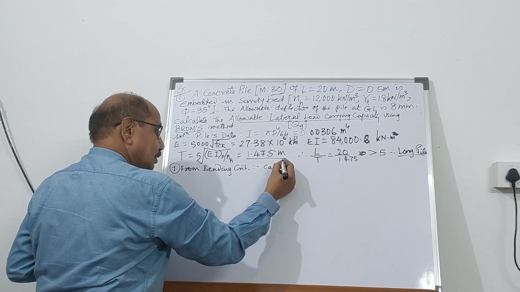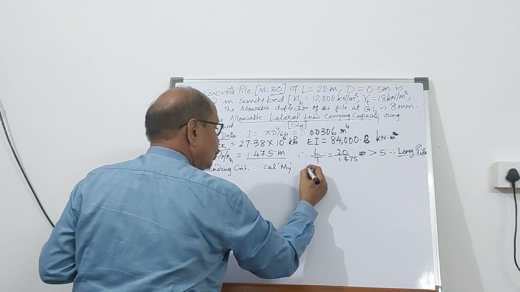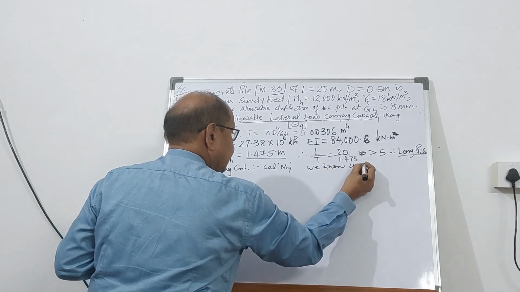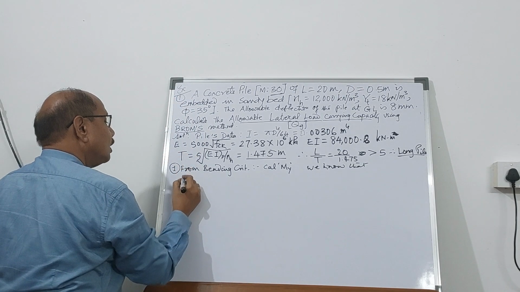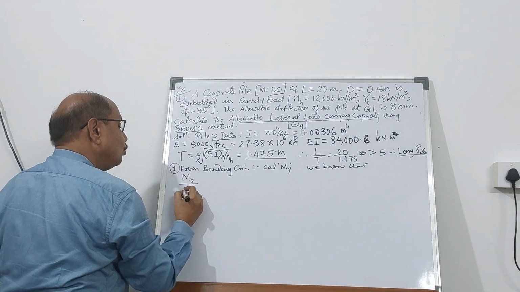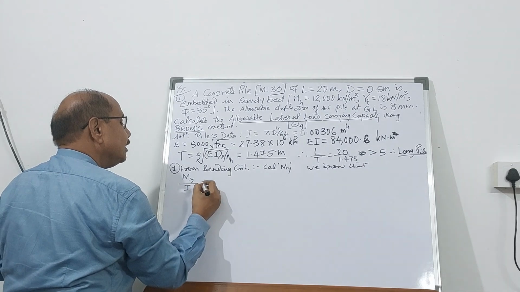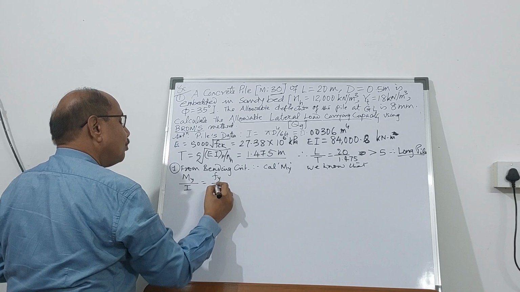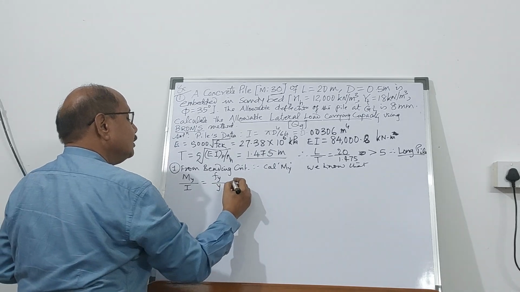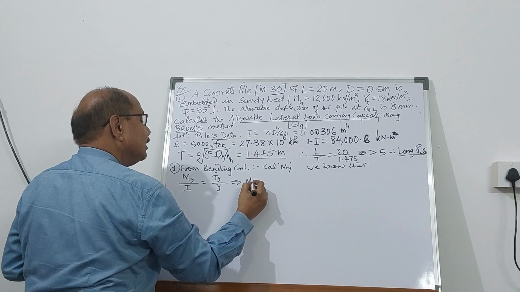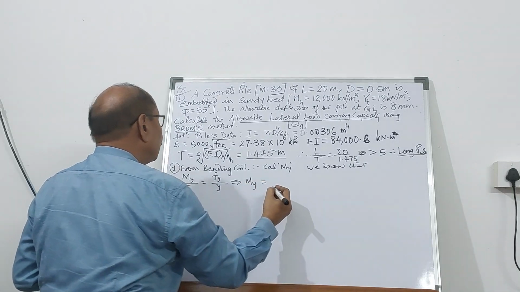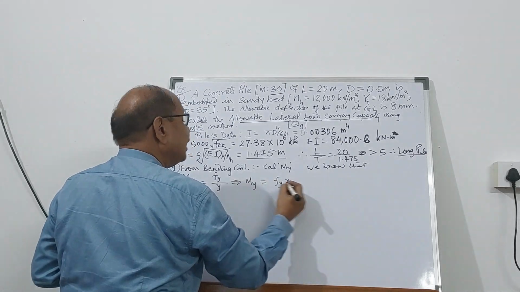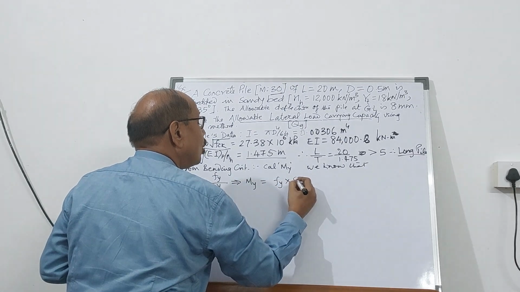How will you calculate? We know that My upon moment of inertia I equal to yield stress Fy upon Y. This implies that My equal to yield stress Fy into I by Y, that is the section modulus.